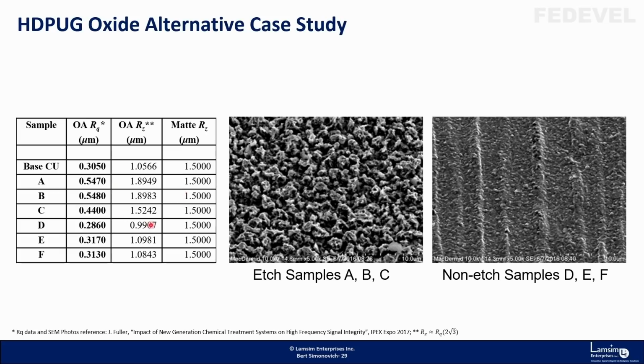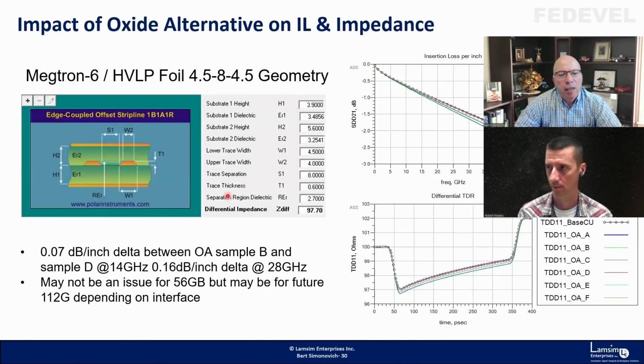I put these numbers in to show it's important that you know what your board shop is using for the oxide alternative if you're doing your modeling. Okay. And then this is a study that I did based on the roughness numbers that they produced.